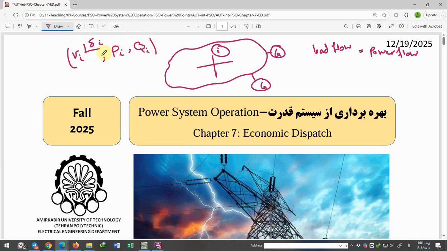These four parameters are the result of load flow.